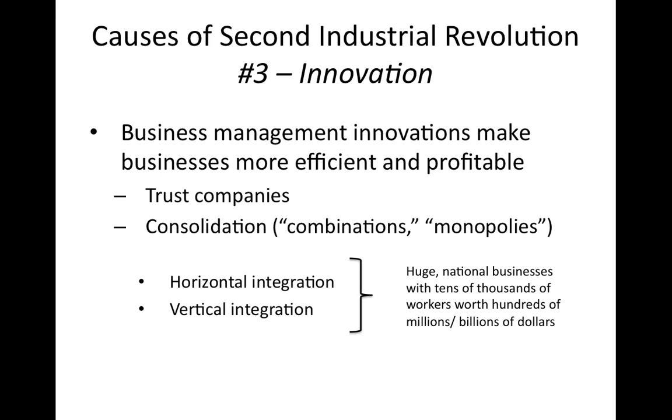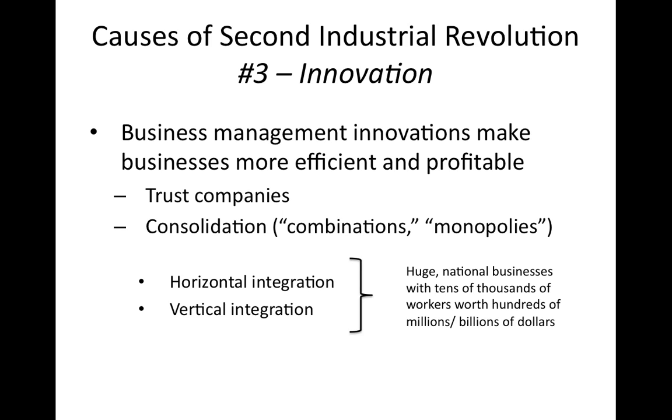Businesses began to see in a big market like the United States, and especially if you're making stuff for either the whole U.S. market or even beyond, it became more and more attractive and appealing to develop bigger and bigger business structures, with the use of two big trends during this time period: horizontal integration and vertical integration, both of which led to the development of very, very large businesses with a national footprint, right?